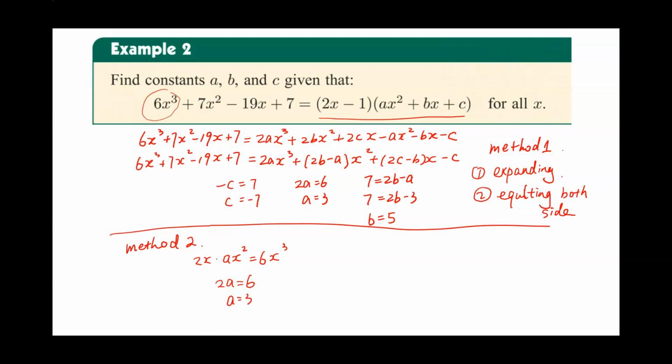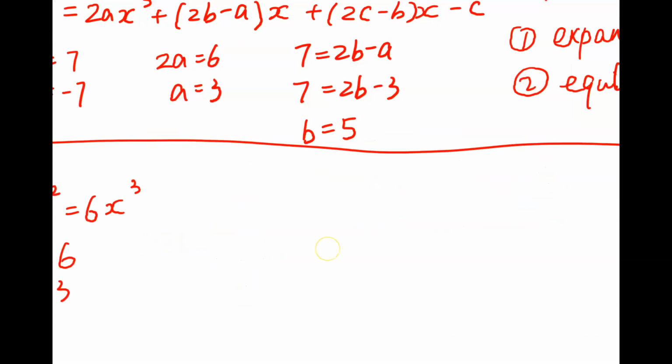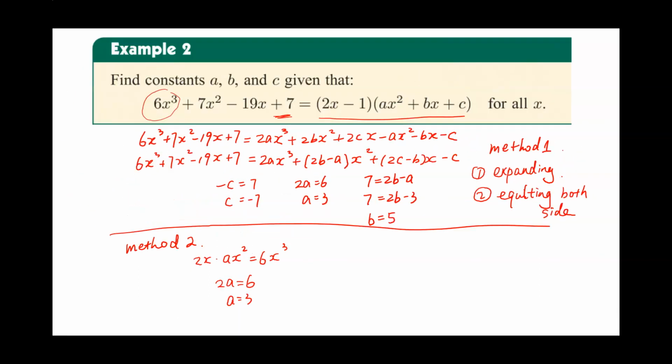So without even expanding it, you can see that a would be 3 to achieve 6x to the power 3. Okay, you also can notice that the constant term is positive 7. That can only be achieved by times -1 with c. So you know immediately that negative c equals 7, c equals -7. So without even expanding it, you can calculate a and c.